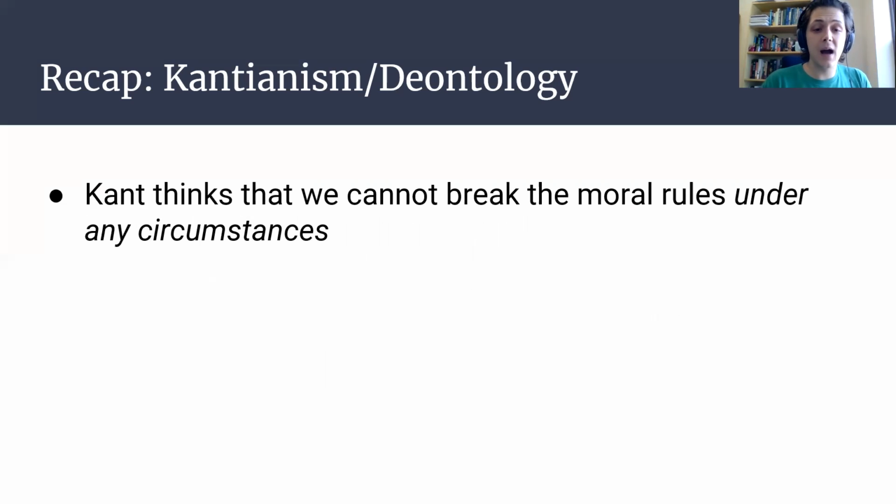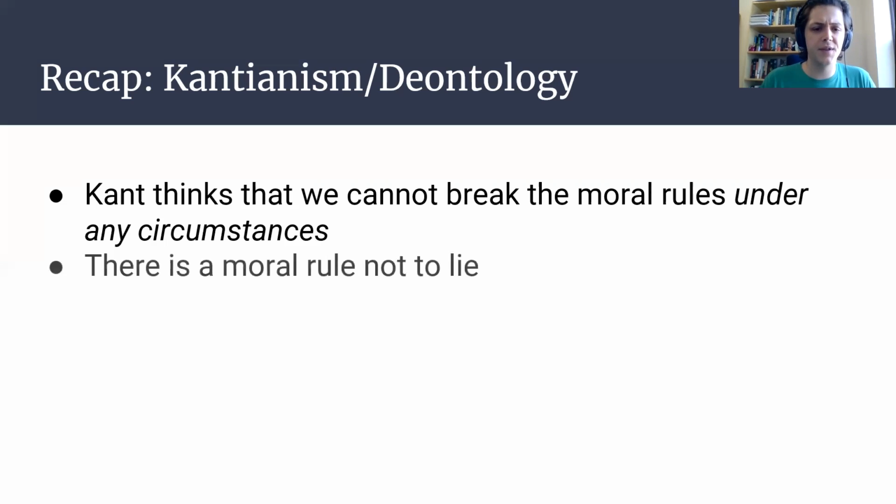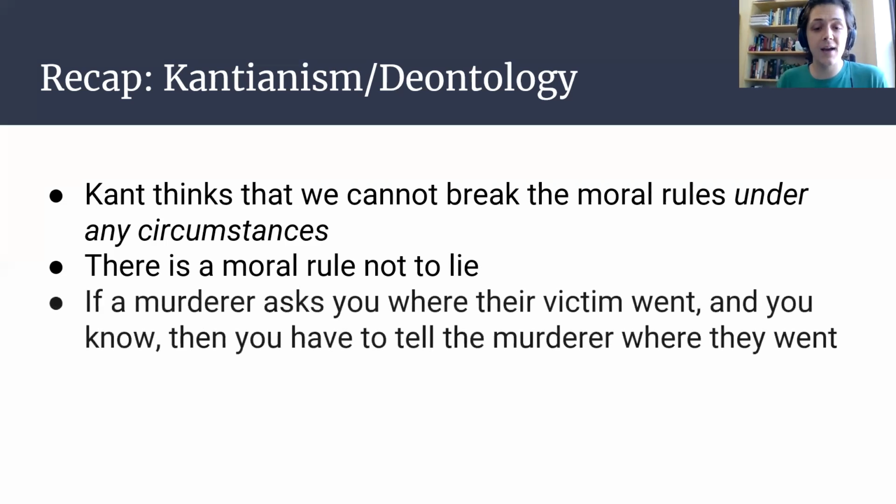Now, Kant thinks that we cannot break the moral rules under any circumstances. This is not universal, but this is common to a lot of deontological theories. Morality just is obeying the moral rules. So if you break a moral rule, then you behaved immorally. And Kant thinks there's a moral rule not to lie.